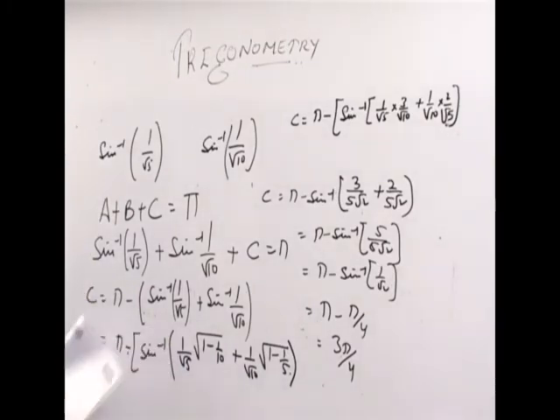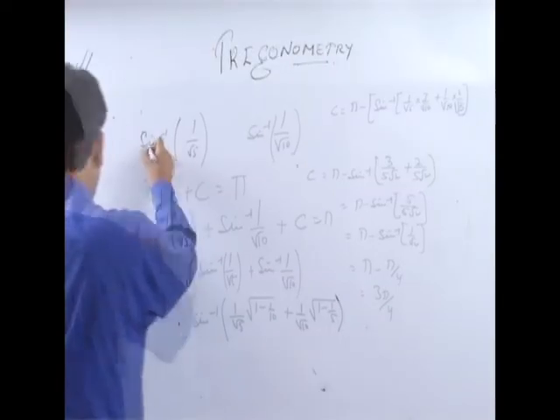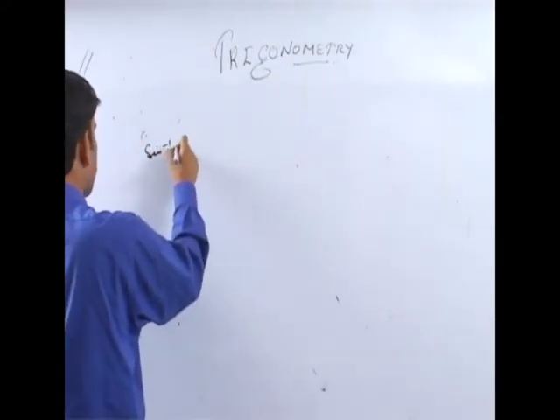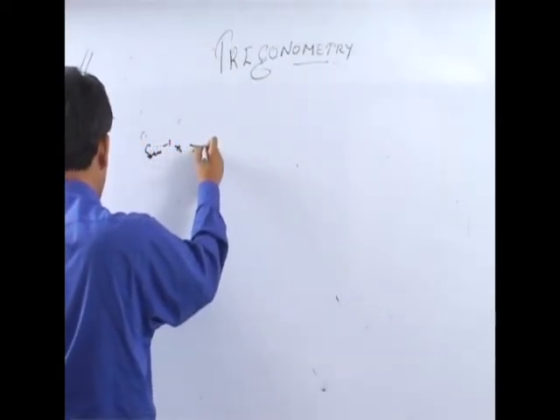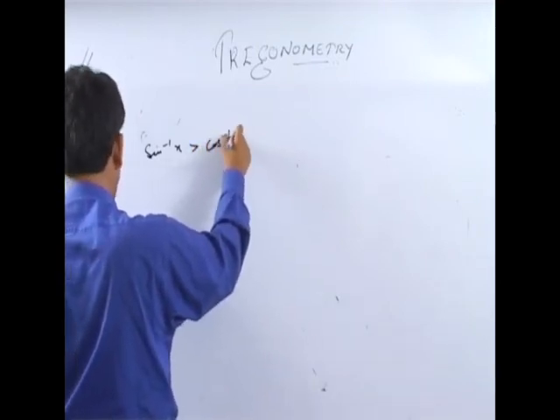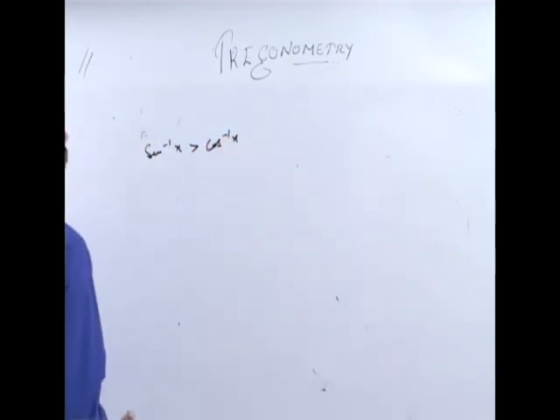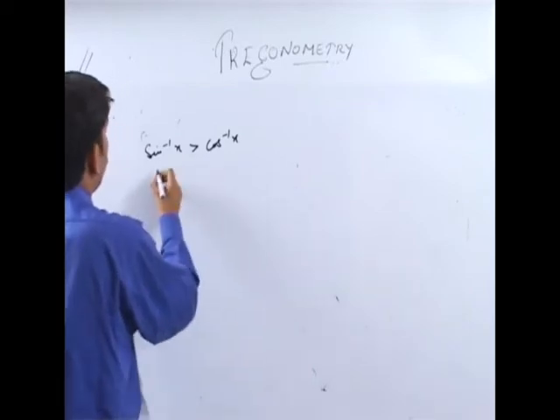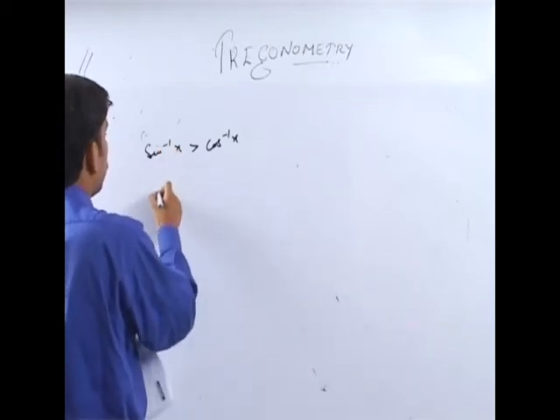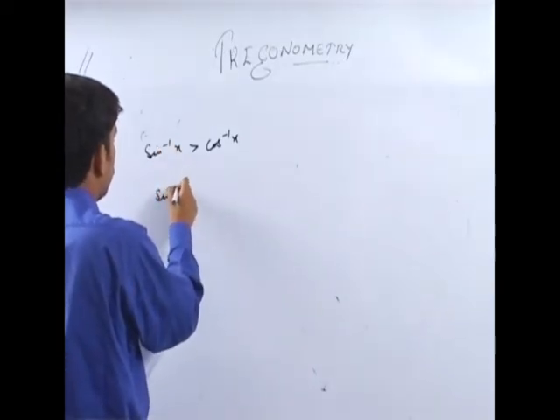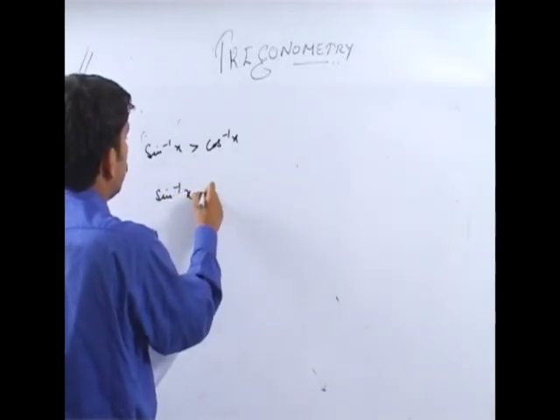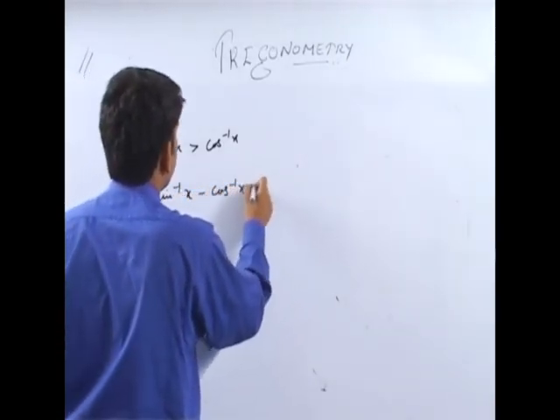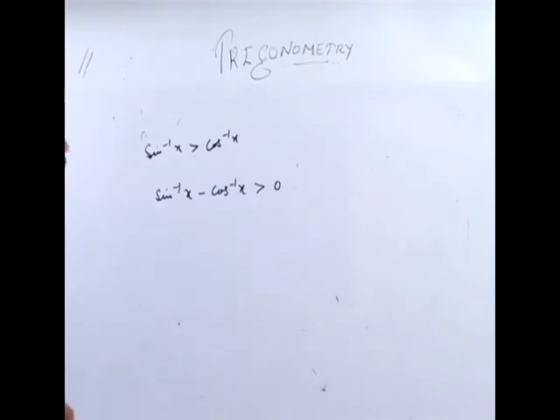Now, sine inverse x greater than cos inverse x. When you take this, sine inverse x minus cos inverse x is greater than 0.